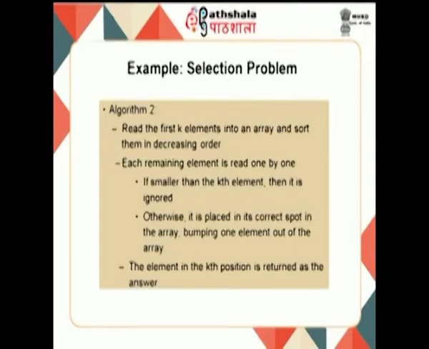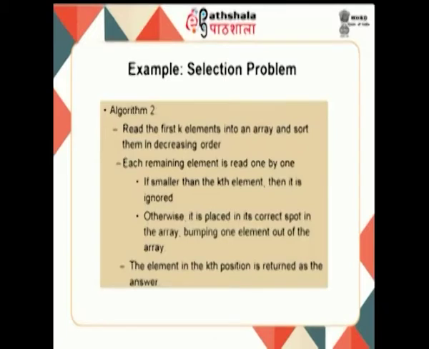Look at the logic of the algorithm. Suppose we assume n is 100 and k is equal to 20. You read the first 20 elements; you may not have the largest there, remember, you want the 20th largest. So read the first 20 and sort them in decreasing order. Then you take each of the remaining 80 elements and read them one by one.